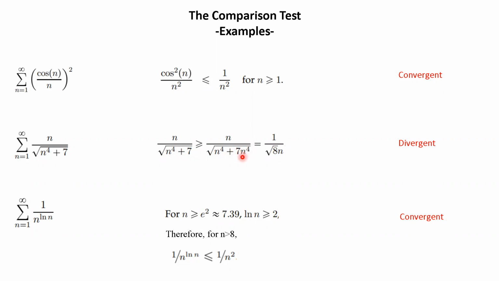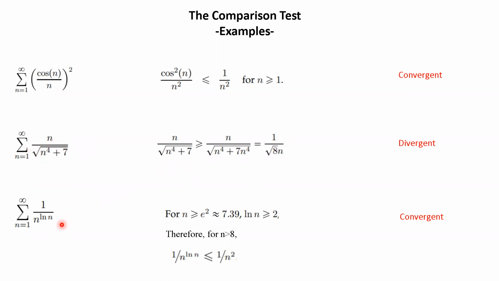Since n is 1, 2, 3, 4, and so on, 7 times n to the 4th is of course greater than 7. So the denominator becomes bigger, which means this whole term becomes smaller. And this can be rewritten as 1 divided by the square root of n, and 1 over n, you know, is a divergent series. So that's why this series has to diverge as well.